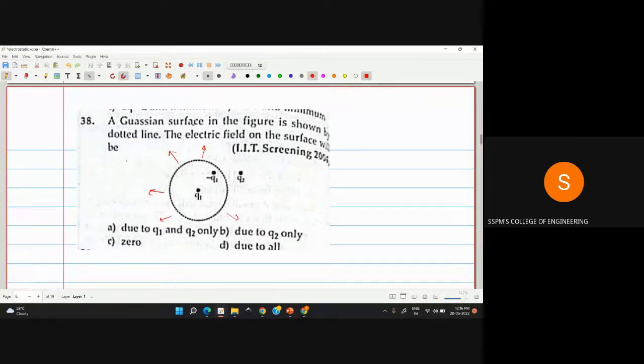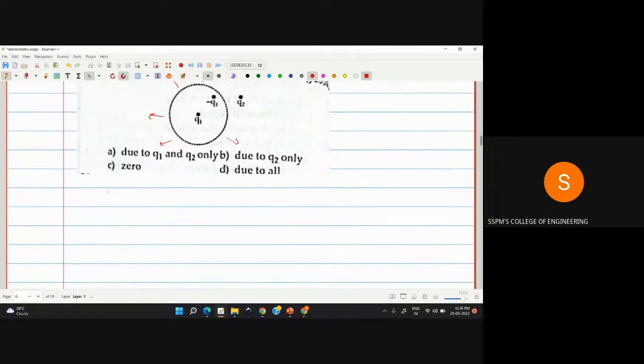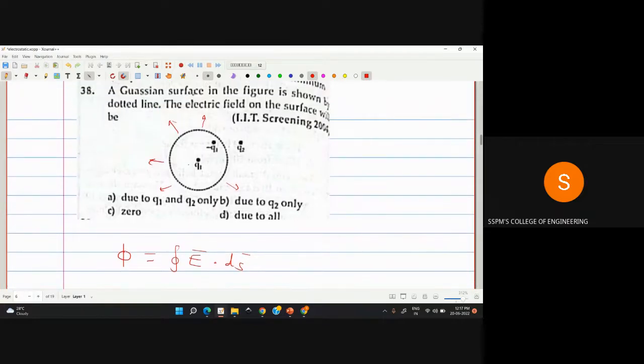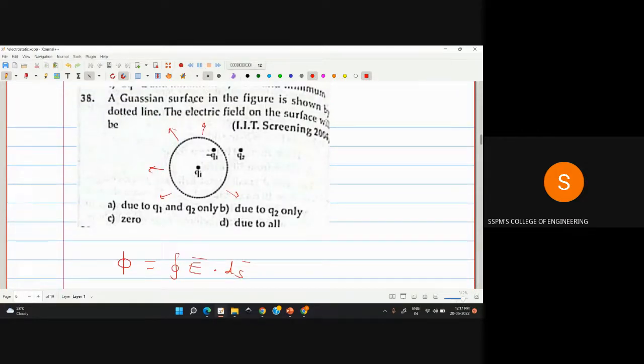According to Gauss law, the flux crossing the closed surface is equal to the surface integration of E bar dot dS bar. To have flux crossing the closed surface, the electric field must be non-zero. But look at the example here. The plus Q1 and minus Q1 charges are located inside the closed body.